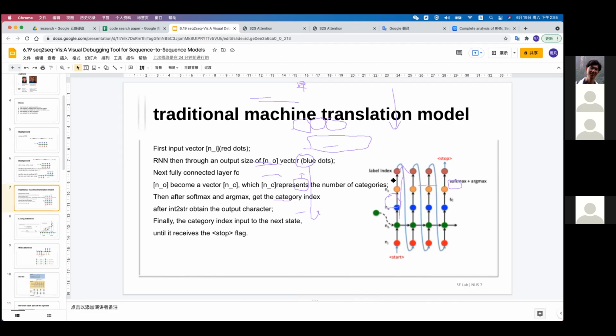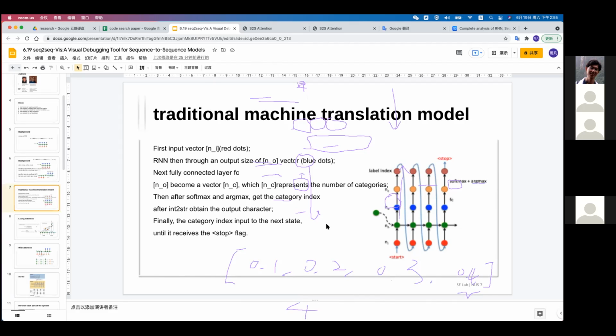The result of softmax may be, for 4 words, like 0.1, 0.2, 0.3, and 0.4. For argmax, you will get only 1 word, the one with the highest probability.